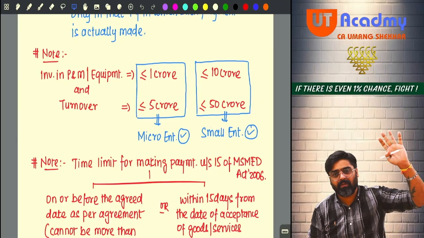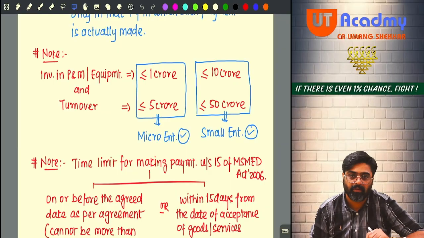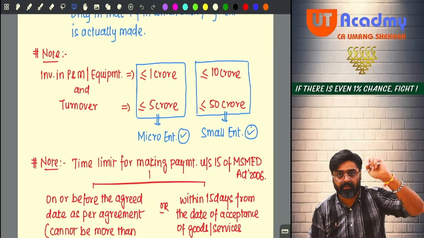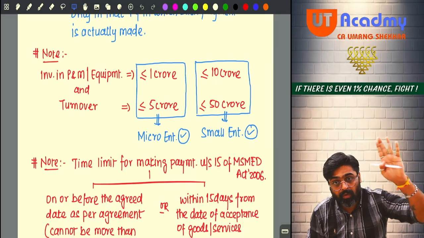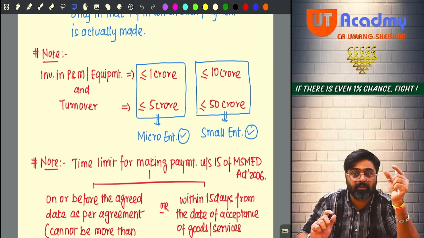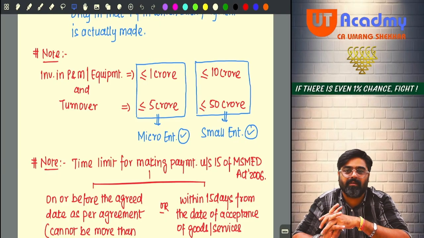Medium is also defined, but we are not concerned about medium. We are concerned about only these two enterprises. Out of all the MSME enterprises, this is the major chunk. Medium are also very few, but this is the major chunk.